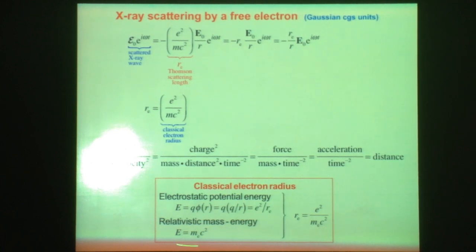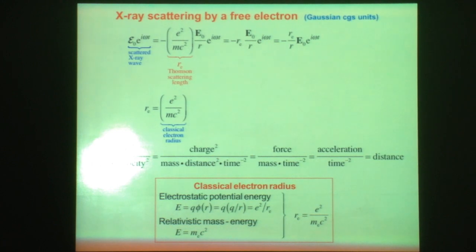And if we consider next the relativistic mass energy of the electron, mc squared, and if we equate these two, we solve for the electron radius and get our quantity e squared over mc squared for the Thomson scattering length. So the Thomson scattering length is also called the classical electron radius.